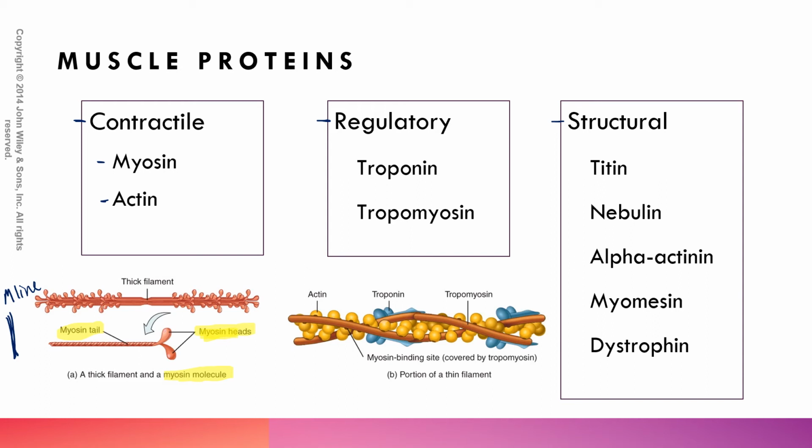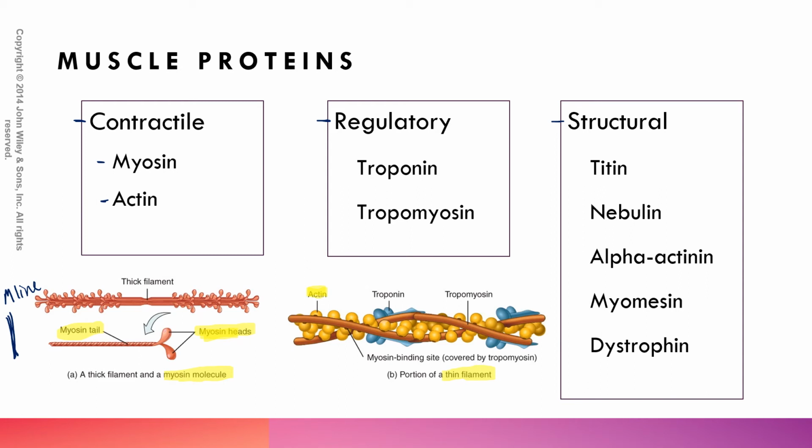Thin filaments are anchored to Z discs. And their main component is the protein actin. In this one, you can see a thin filament. You have these actin molecules, which are going to be these kind of yellow balls, as you can see in this picture.